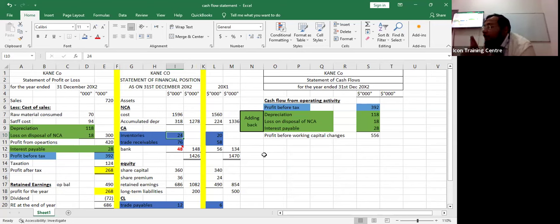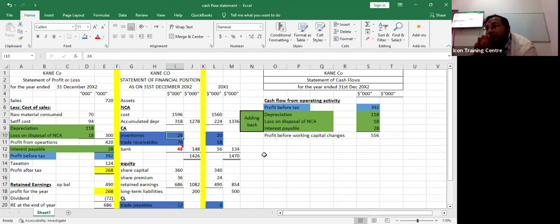So is it increasing or decreasing? Increasing. It means what? You must have purchased it or you must have sold it. We must have purchased it. So when we purchase inventory, do we pay cash or do we receive cash? We pay cash. So it means it's a cash outflow.